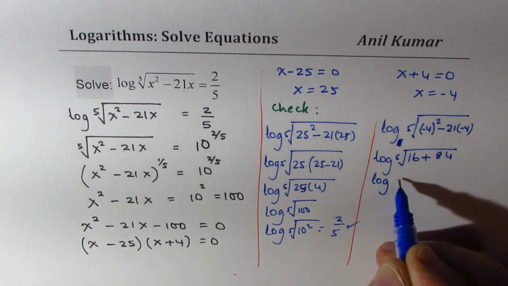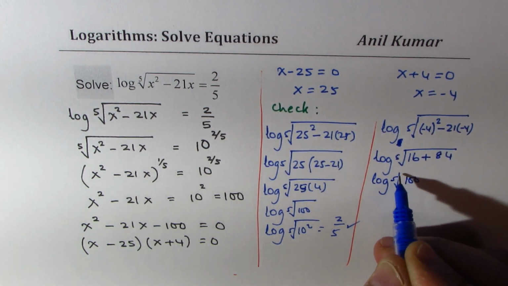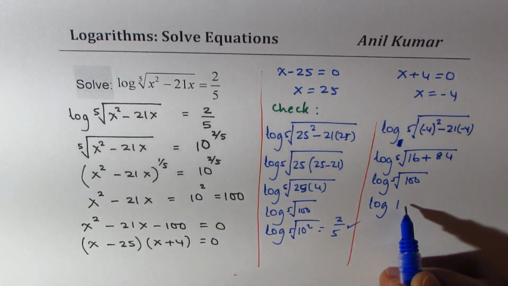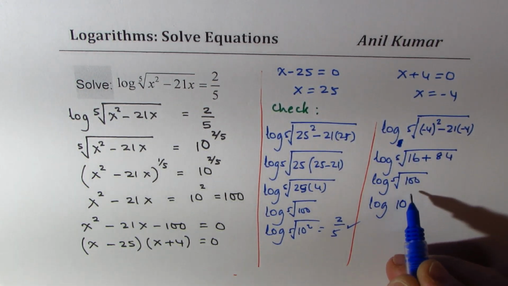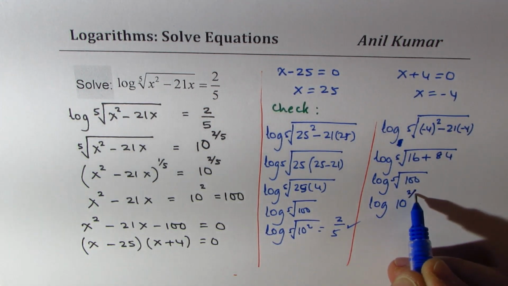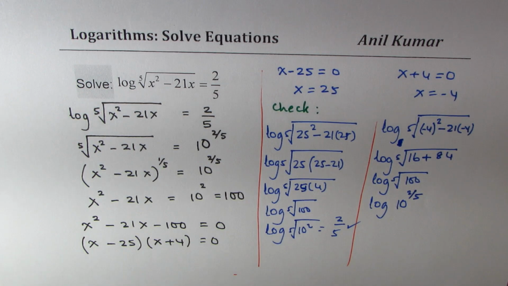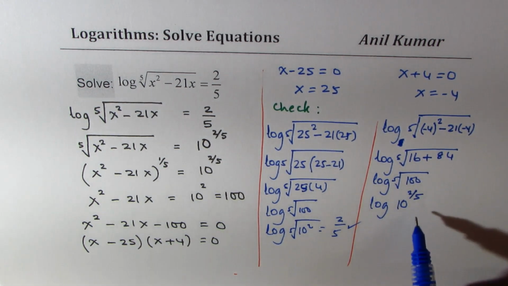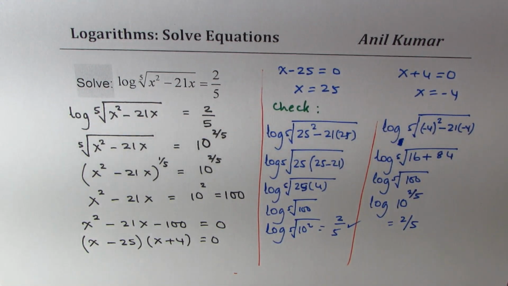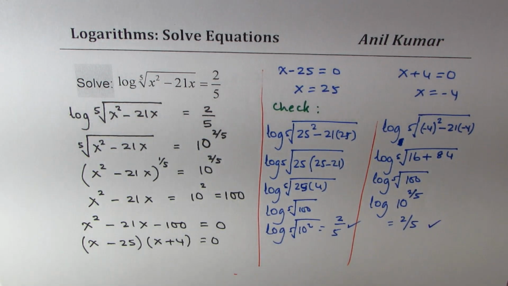So it is log of the fifth root of 100, which is log of 10 to the power of 2 over 5. So clearly what we get again is 2 over 5. So in this particular case, we find that minus 4 is also the correct root. It is not an extraneous root.